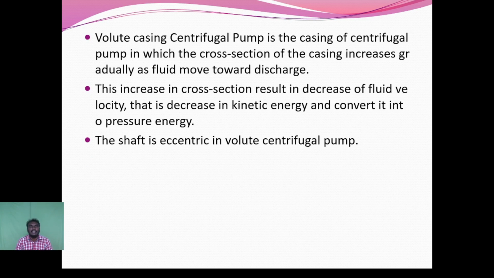The volute casing centrifugal pump has a casing in which the cross section increases gradually as the fluid moves towards the discharge. This increase in cross section results in a decrease of the fluid velocity, that is a decrease in kinetic energy, which is converted into pressure energy. The shaft is eccentric in a volute centrifugal pump.